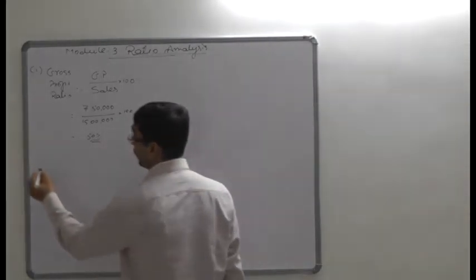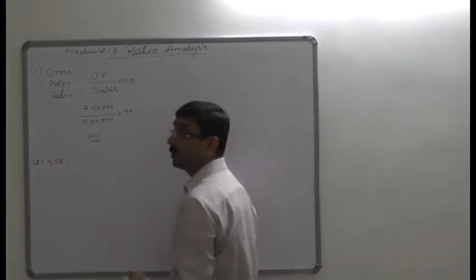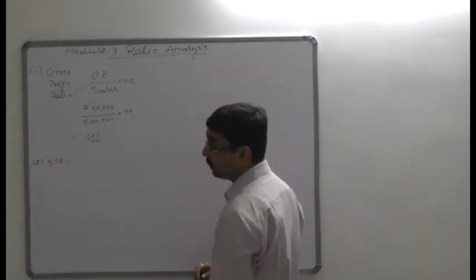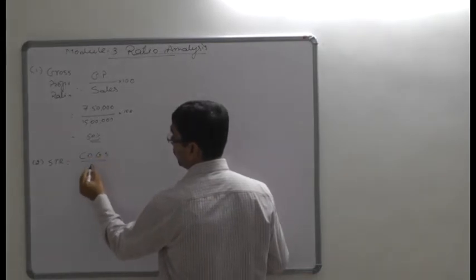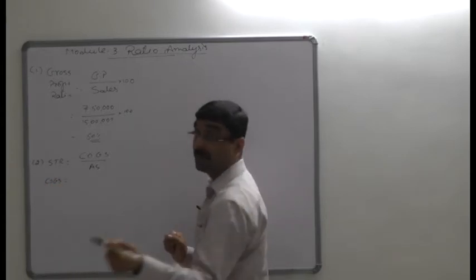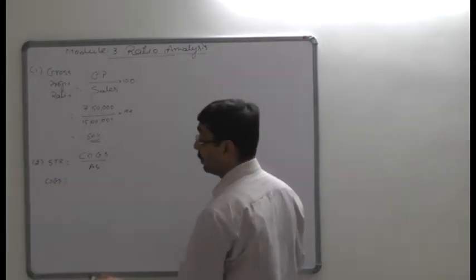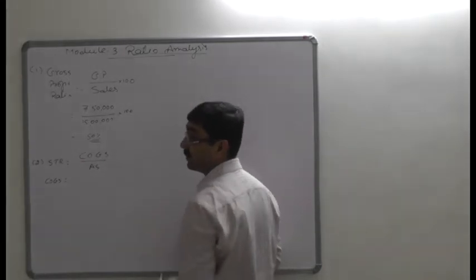Now moving to the next ratio, the stock turnover ratio. The formula is cost of goods sold divided by average stock. Cost of goods sold, as I already mentioned earlier, can be found with opening stock plus purchases minus closing stock.